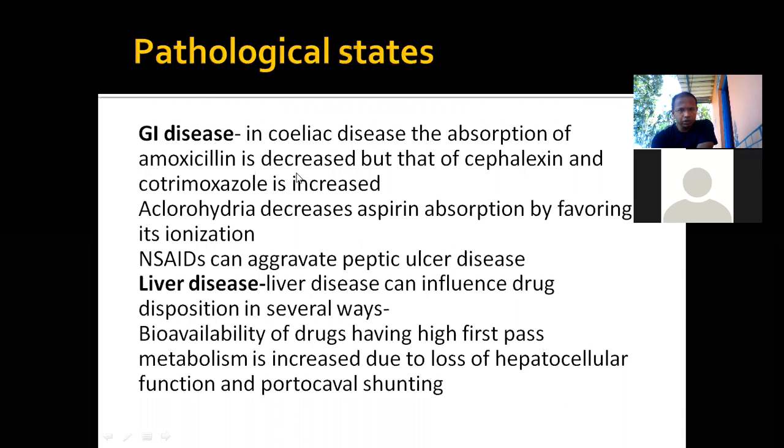Some pathological states we have discussed: if there is GI disturbance, amoxicillin itself can cause GI disturbance, and achlorohydria will alter the response of persons. In liver disease, for example alcoholic liver cirrhosis, the metabolism of the drug will be increased.